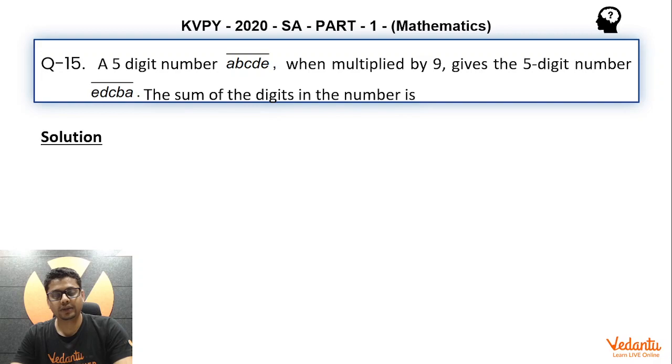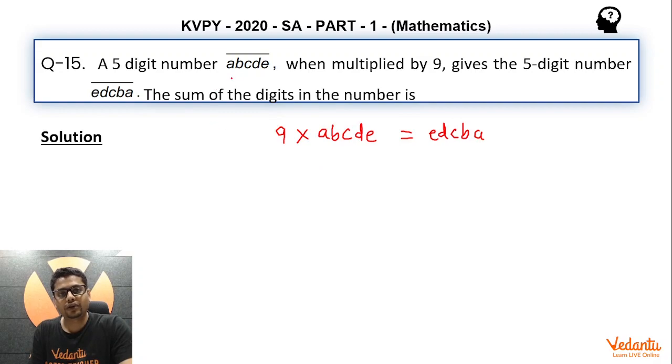So it is a quite conceptual question where you need to pay attention to the explanation and the justification that I'm giving. So first of all, understand it very clearly that when we say 5-digit number A, B, C, D, E, that means E is the unit place digit, D is the tens place digit, C is the 100 place digit, so on and so forth.